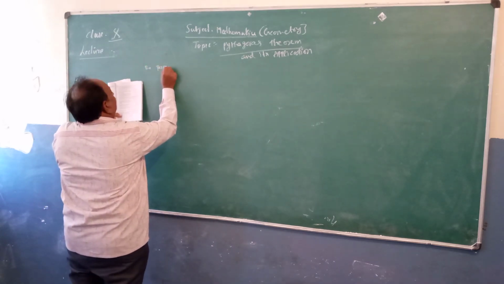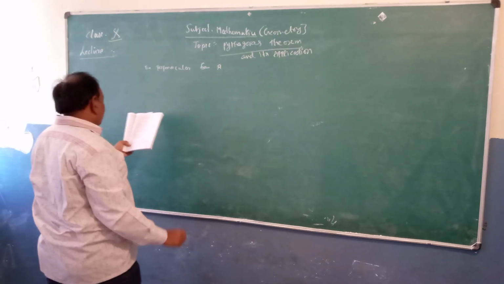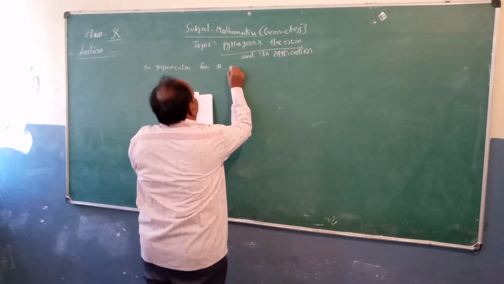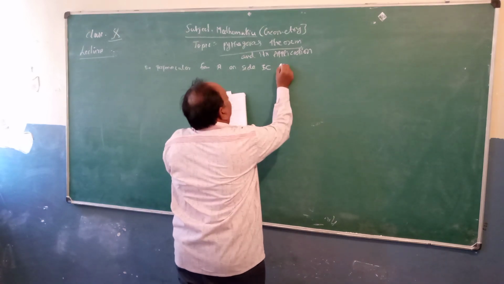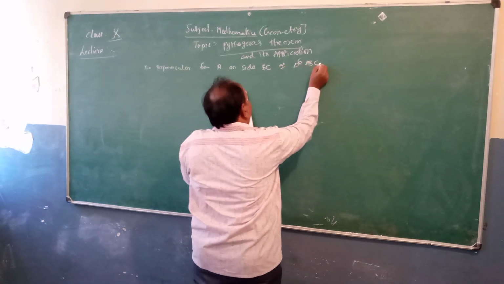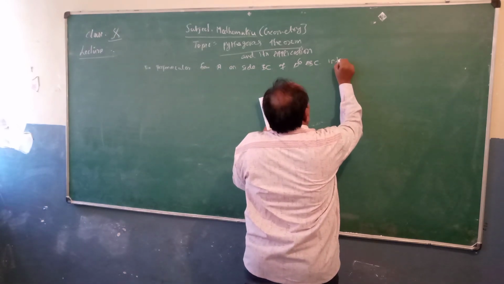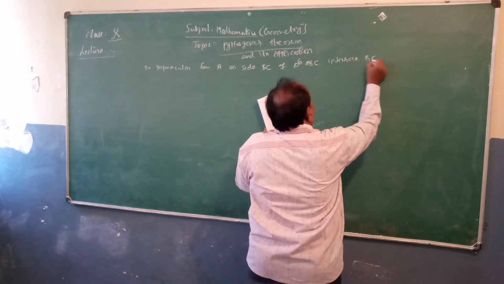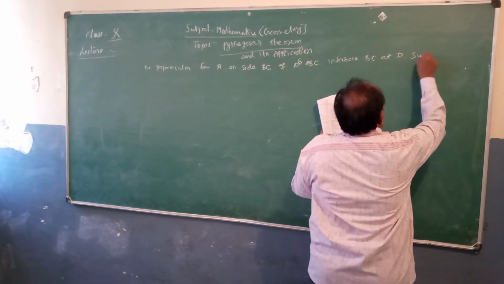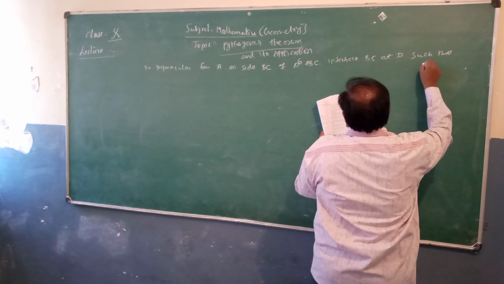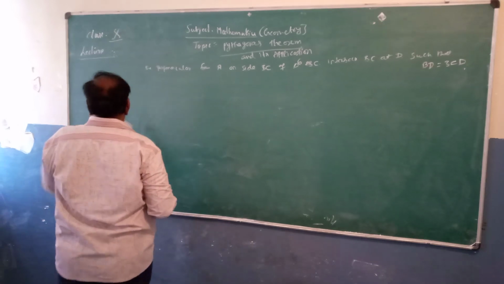The perpendicular from A on side BC of triangle ABC intersects BC at D such that BD is equal to 3CD.